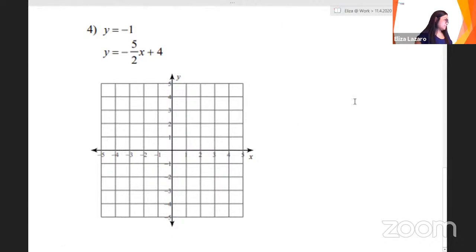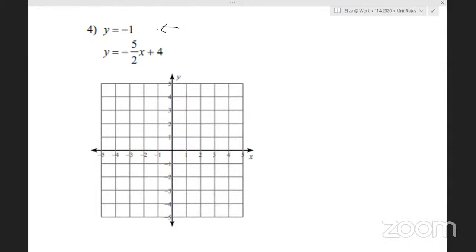But let's start off with the first equation we're given. y equals -1. What is that line going to look like? There's no slope. No slope, correct. So what is it going to look like? Just going to be on the y-axis.